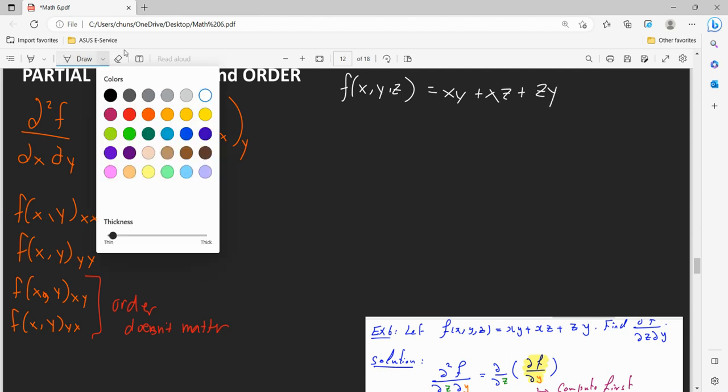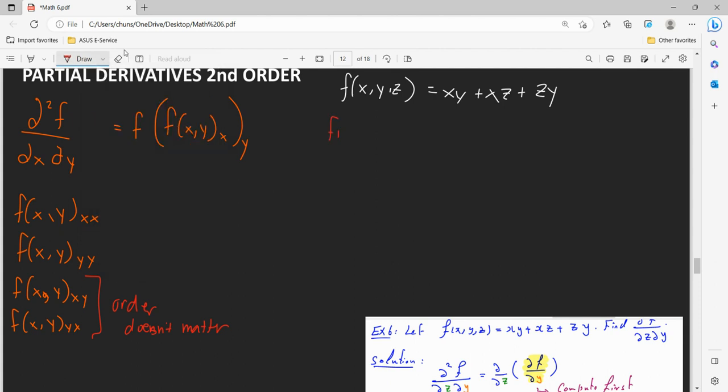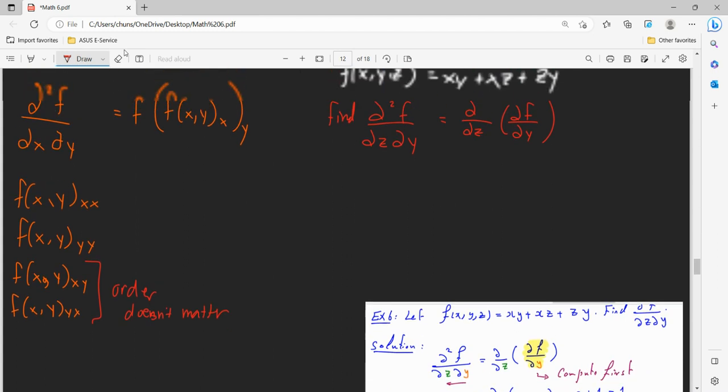And we want to find our second order derivative of our partial derivatives. Right, so you can write this as dz and dy. Okay, and this example wants us to start with our y first.